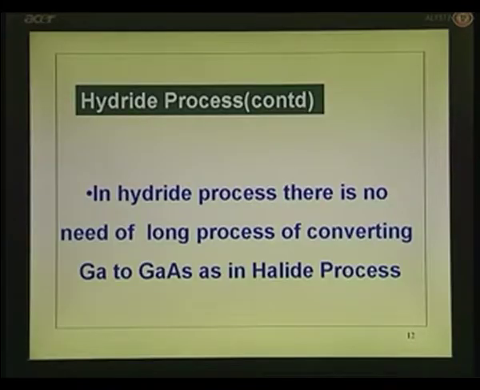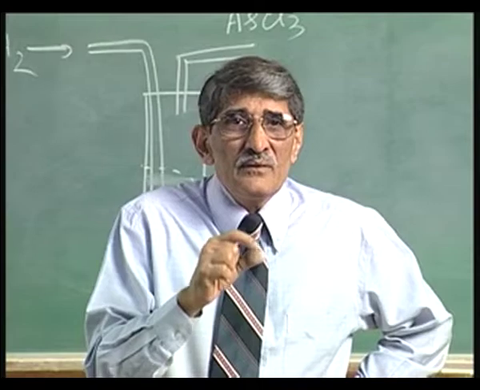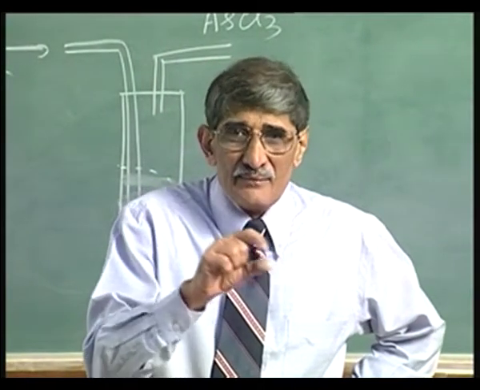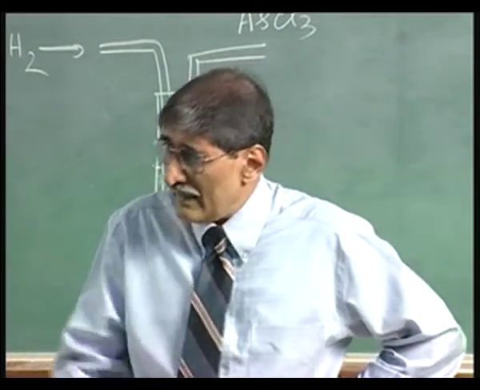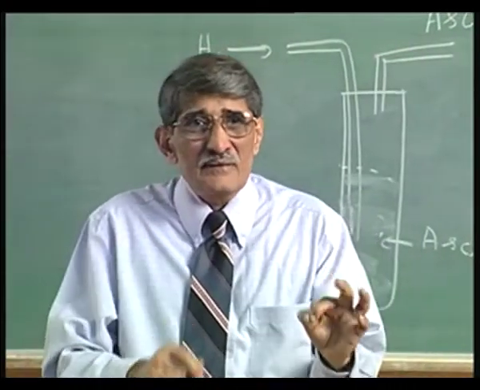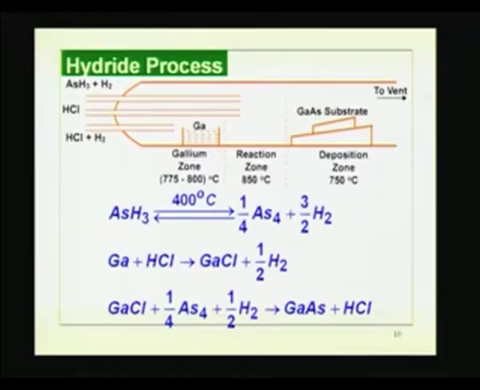The hydride process, of course, is there. If you just go back to the previous thing, you will see that in the halide process, the first process with arsenic trichloride, you have to convert gallium to gallium arsenide. That takes a long time, 24 hours I mentioned. Whereas if you use the hydride process, there is no such conversion. Go back and see here.